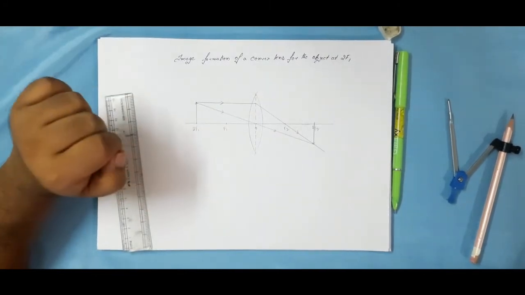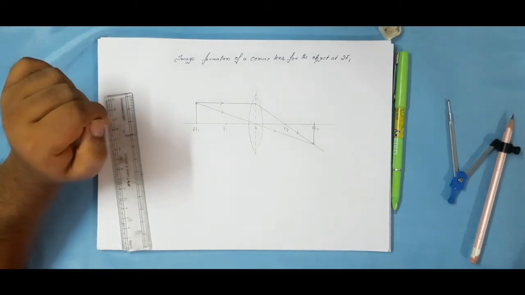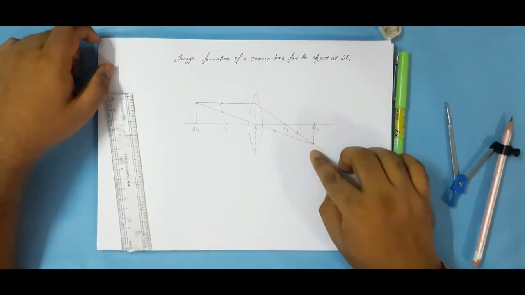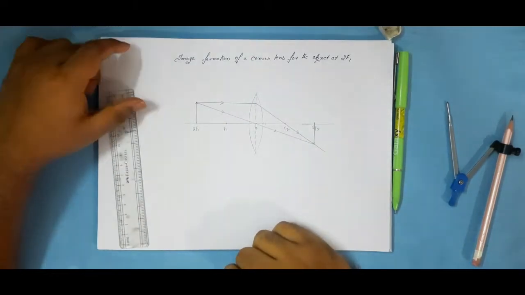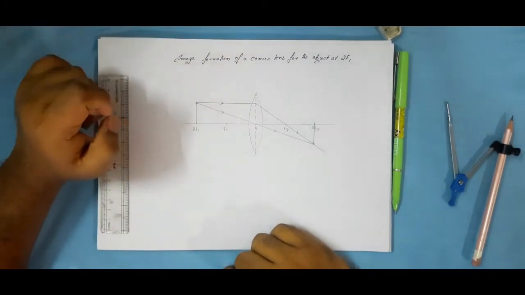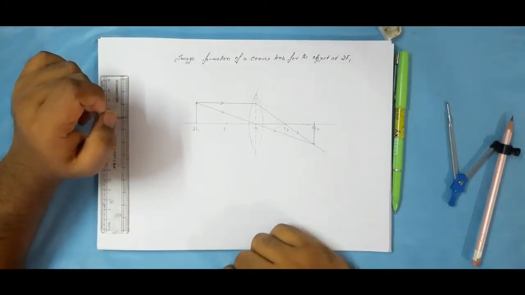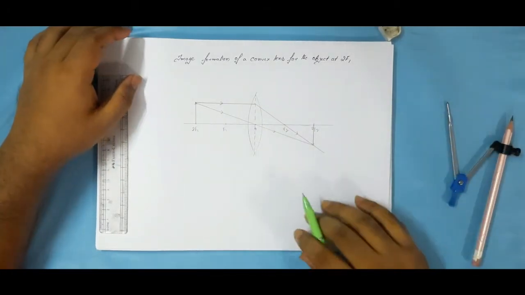Next one, the arrowhead of the object is upright, whereas the arrowhead of the image is inverted. The third one, is it diminished or magnified? You just see that the size of the object and the size of the image are same, that is, they are equal.